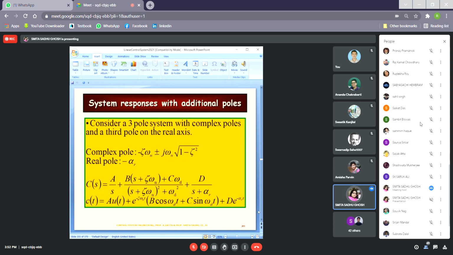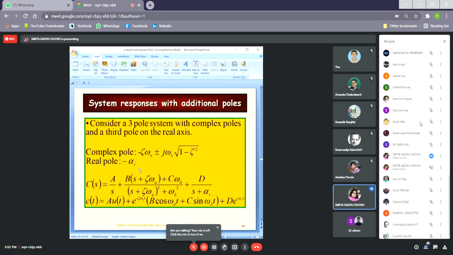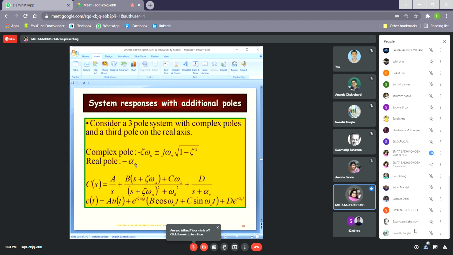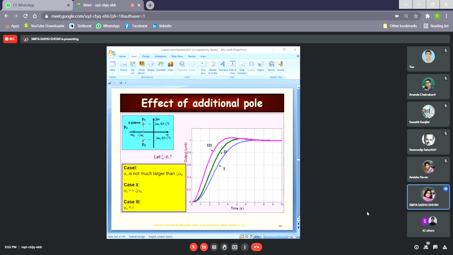So you can now qualitatively understand what will happen if a real pole is added, and also the relation between the magnitude of the real pole and the real part of the complex conjugate pole pair. The effect of the relative values is going to be evident in the response.